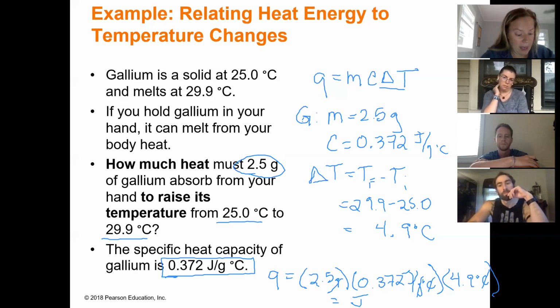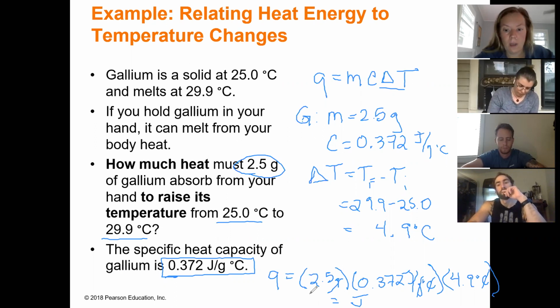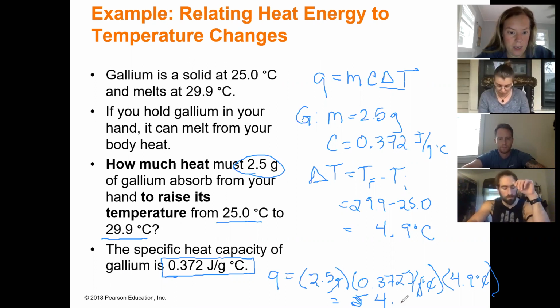So plugging that in, I got 4 point, let's see, 2 sig figs here, so 4.6 joules.